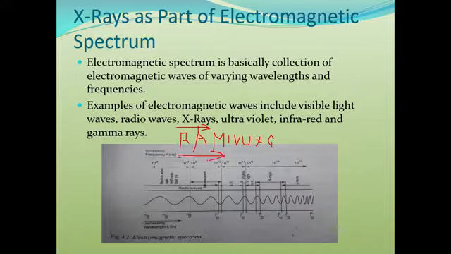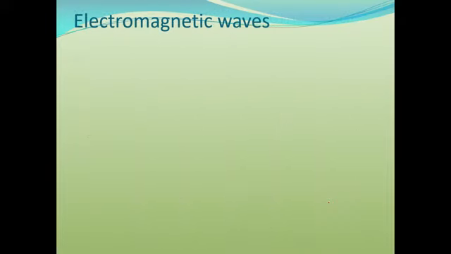You can even see it from this chart: the wavelength keeps reducing while the frequency increases. That's something you also need to note. As you increase in your content, you shall understand how the particular figures come about. Let's dive a little into electromagnetic waves as we continue in this topic of X-rays.